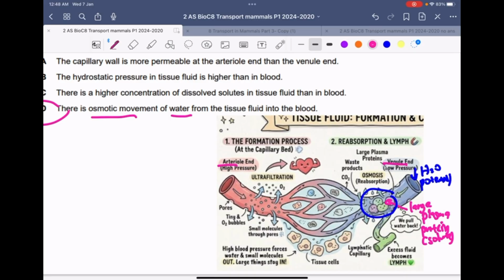As compared to the outside tissue fluid, the outside tissue fluid has a higher water potential. Why? Because the outside tissue fluid has lower plasma protein. So that's why the water will diffuse from the tissue space into the venule end of the capillary through osmosis.